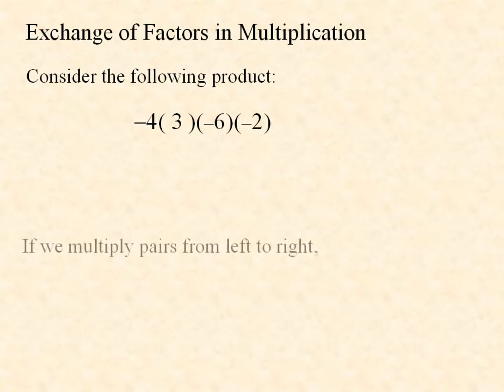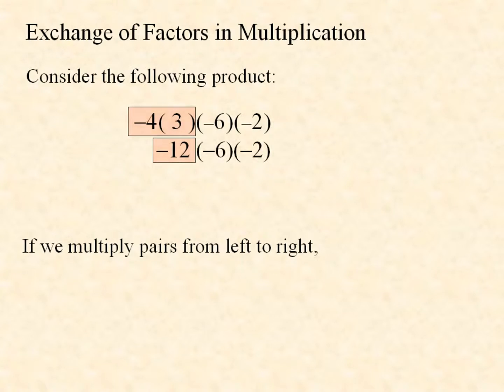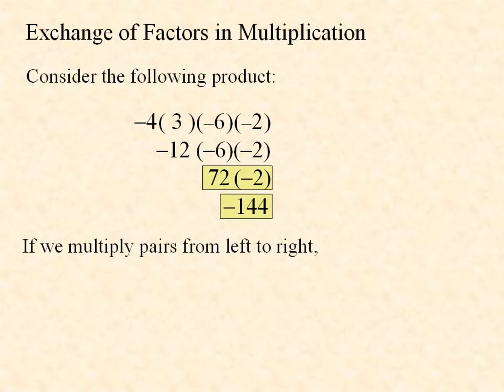If we multiply pairs from left to right, we get negative 12 times negative 6 times negative 2, which is 72 times negative 2, and that's negative 144. So we find the product is negative 144.